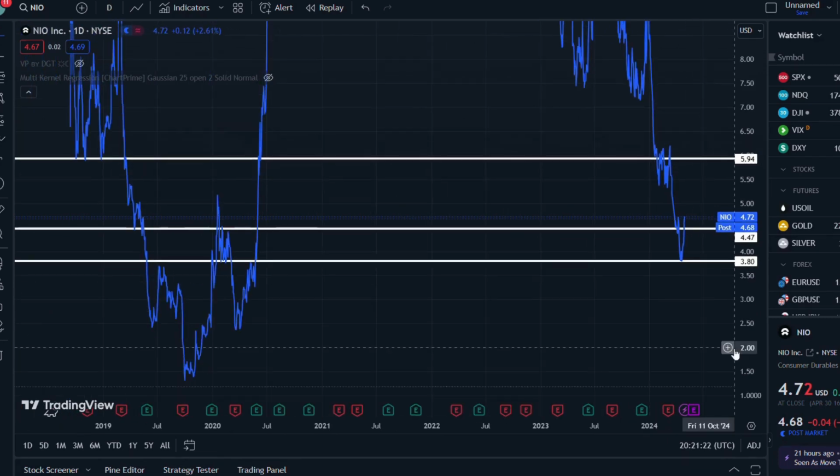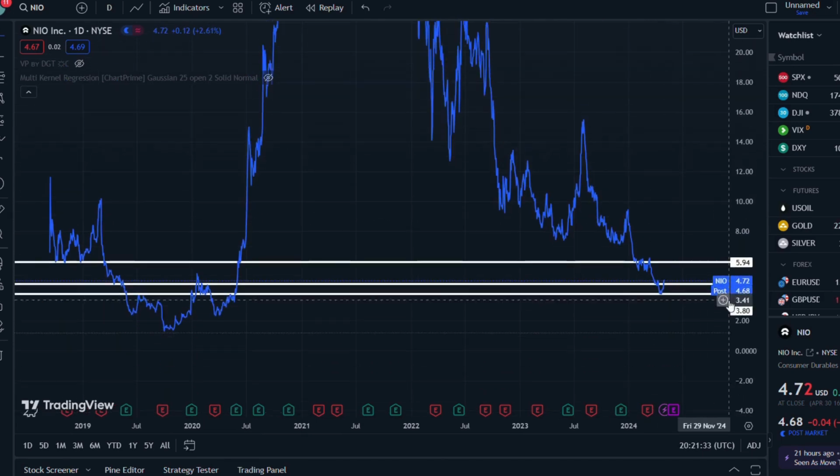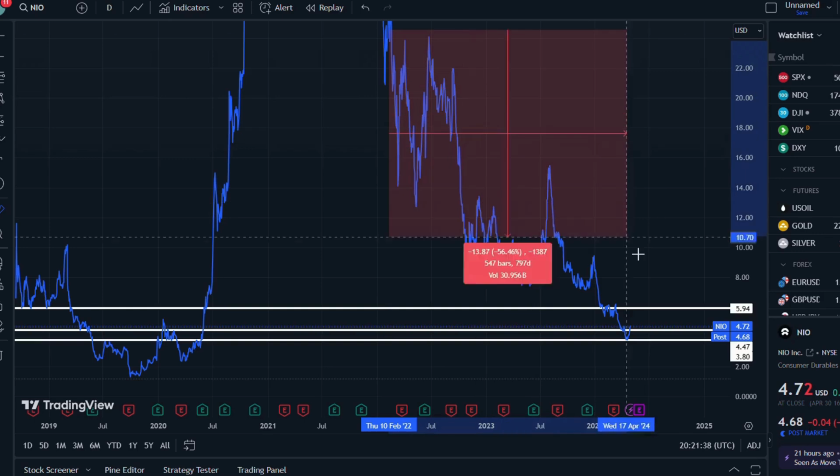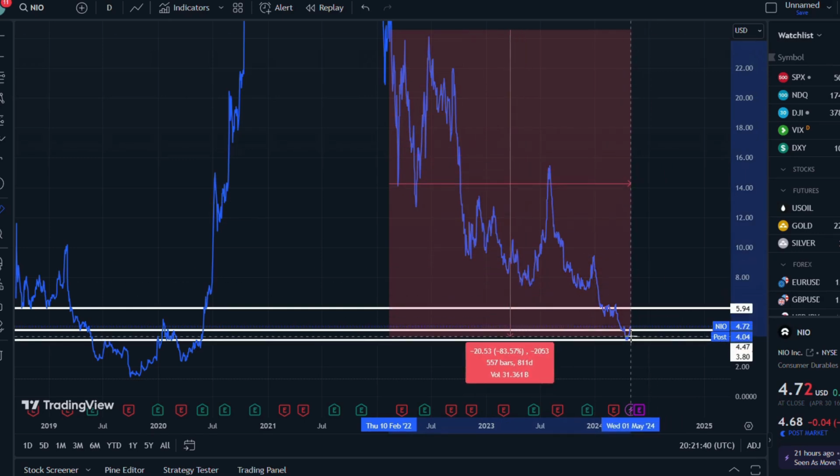Thus, we can figure out if it has some potential to go in an uptrend or in a downtrend. As we can see, in the last few months, NIO's price has already fallen almost 83%. It's about 900 days. Yeah, it's huge. It's something terrible for a company to have such a big fall.